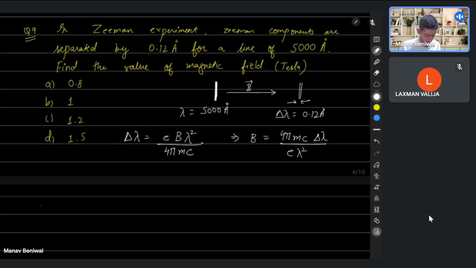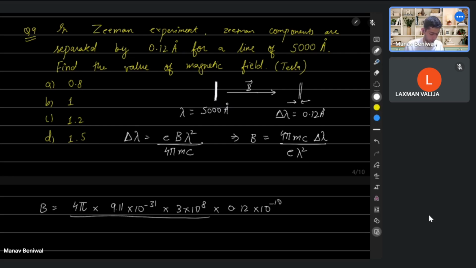So our B will be 4π, m is 9.11 times 10 to the minus 31, c is 3 times 10 to the 8, delta lambda is given as 0.12 angstroms, which we can write as 10 to the minus 10, and this whole thing divided by e, which is 1.6 times 10 to the minus 19, and lambda squared will be 5000 times 10 to the power minus 10, whole squared.